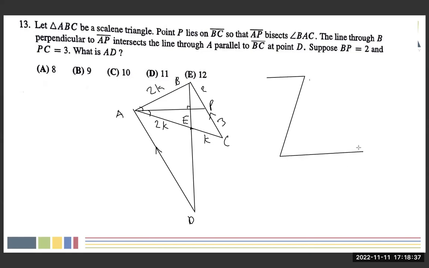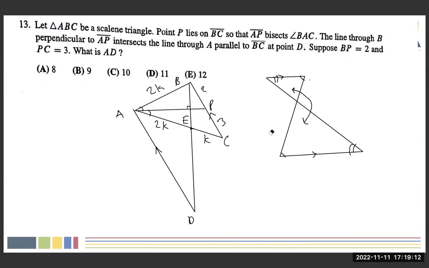So what bow tie is basically, if we have two parallel segments, and we connect their endpoints in this fashion, these two triangles have to be similar to each other, which makes sense, right? Because these are alternate interior angles of the parallel lines, and these are also alternate interior angles. And bam, by AA similarity, these two triangles are similar.